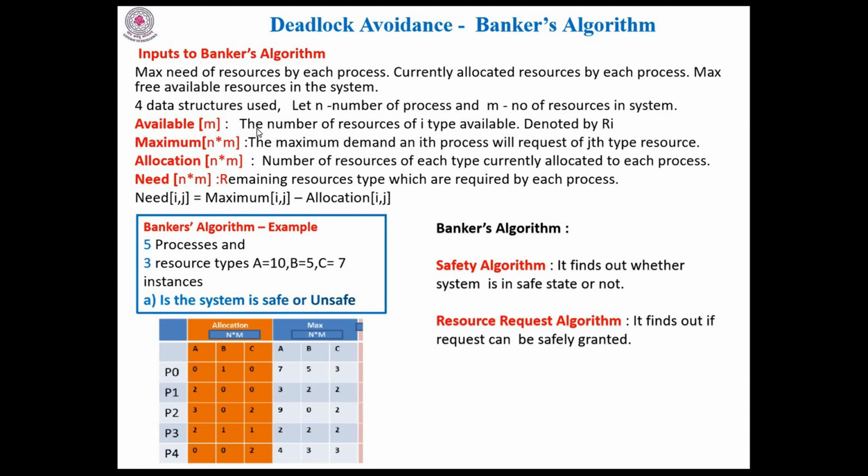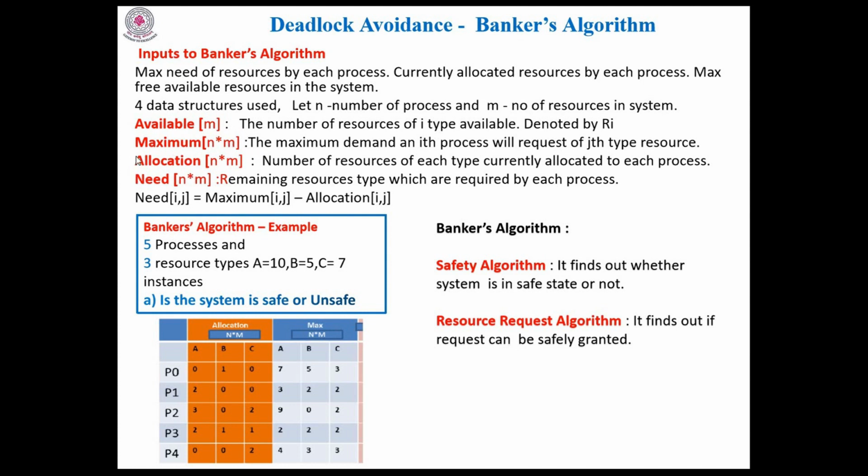Available means the maximum number of resources available in the system, and maximum is the maximum number of resources the process requests as per its requirement. The system will allocate as per available resources, and it should not cross the maximum limit of the process request.